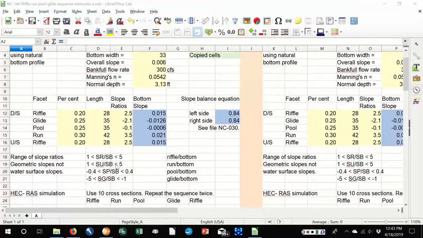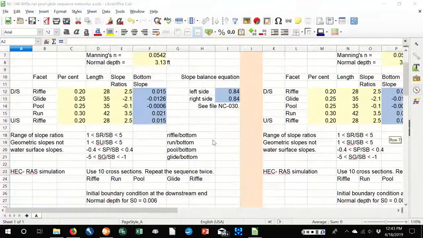Likewise, the same thing for the run. We could probably refine these more, but let's leave them as 1 to 5 right now. And then you see the slope of the pool over the overall average slope might be anywhere from about 0.4 to 0.4. And the slope of the glide might be anywhere from about -5 to -1. So basically these slope ratios are a trial and error process.